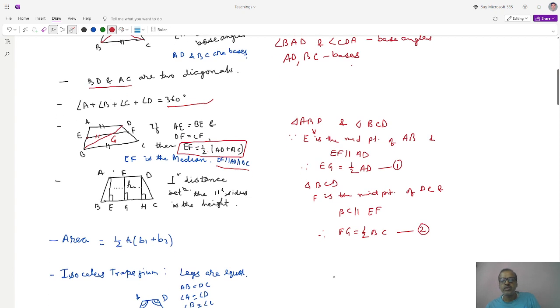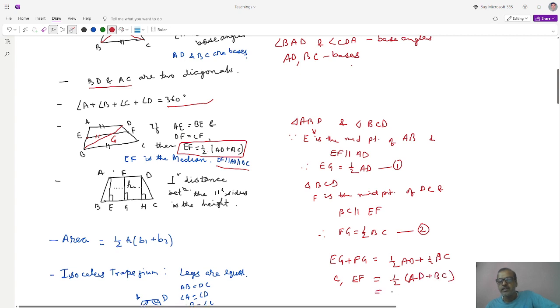If we add these two equations, then we will get EG plus FG equals half of AD plus half of BC, or EG plus FG, what we get? EF. So EF equals half, taking common from these two terms, half into AD plus BC.